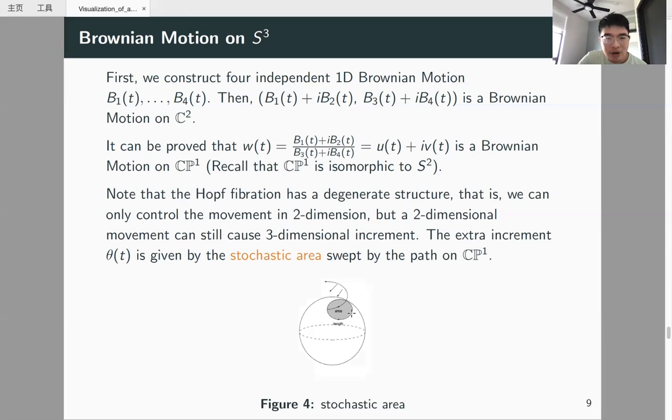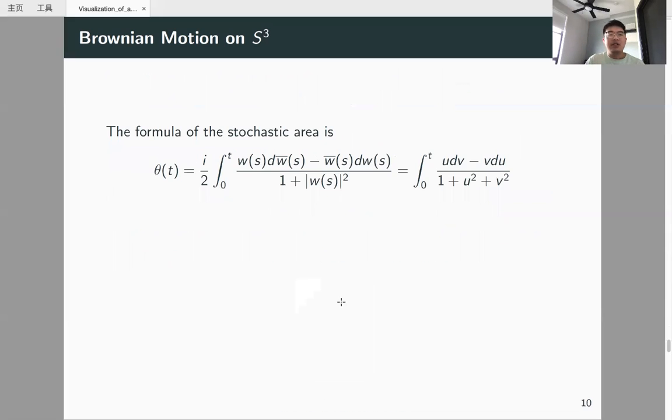The shaded area is the stochastic area, and it equals the extra increment for this path. The formula of the area is given by this. So we use this to calculate the stochastic area.